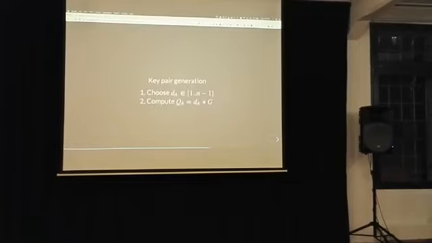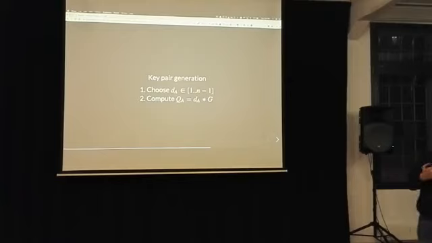Cool, let's continue. So what can we actually do with elliptic curves? The first part is we need to generate a key pair, a private and public key. So we're going to generate a private key called DA just by picking any random number among the possible numbers between 1 and the order of the group minus 1.